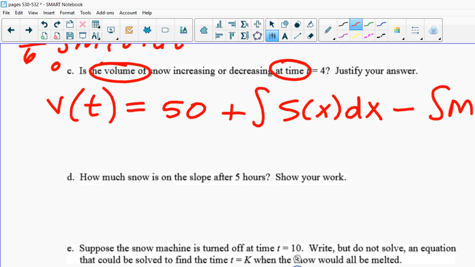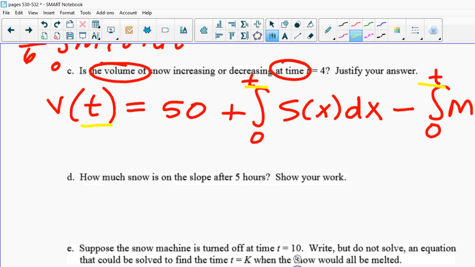With me? Now, the snow started being added and started melting at time 0. I want to know the volume of snow at any time t. So I've got to integrate from 0 to t.